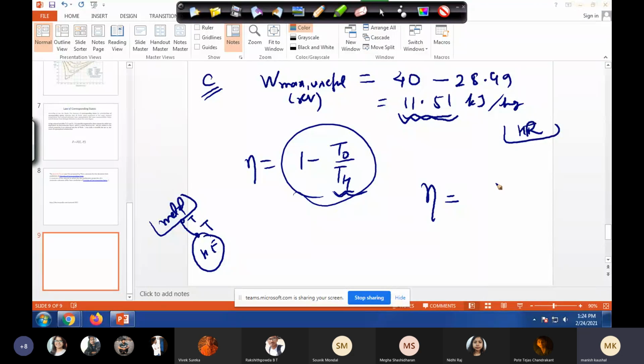We define eta this way: let's say for a small amount of dq, the work done is dw. Now in fact you can write w by q, which is an integral of this.